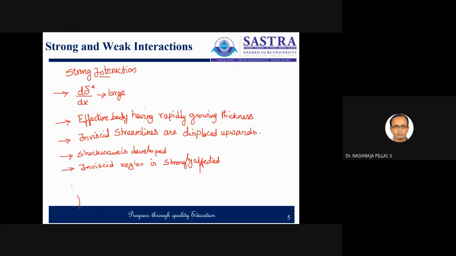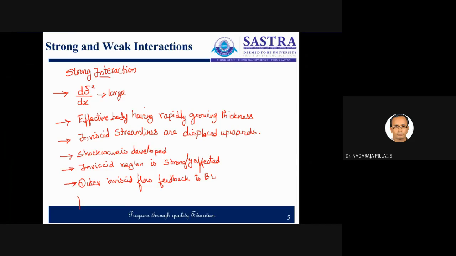So the outer inviscid flow feeds back to the boundary layer, which is affecting the growth and the properties and so on.